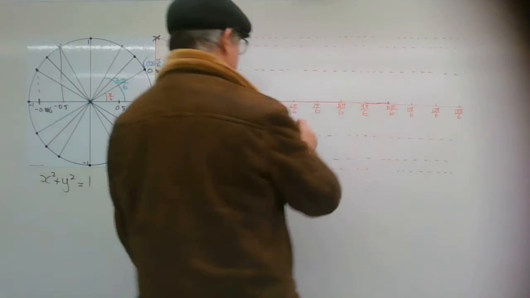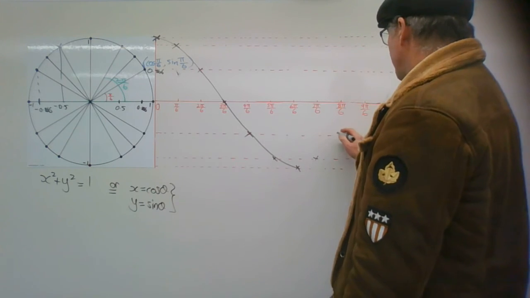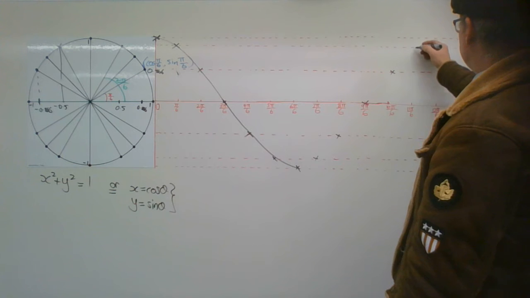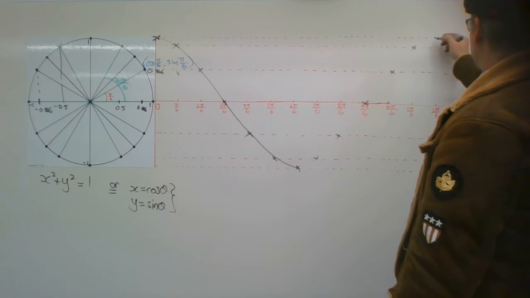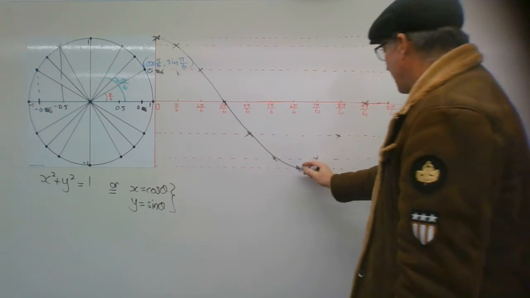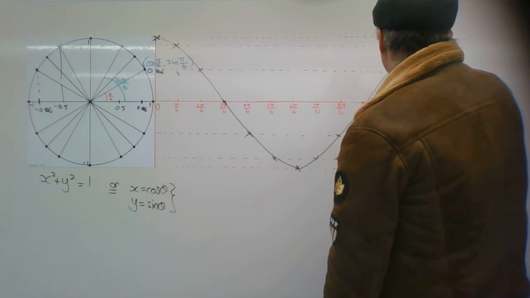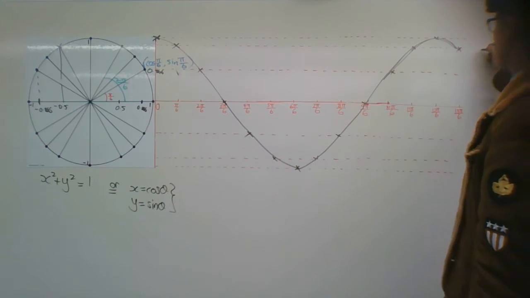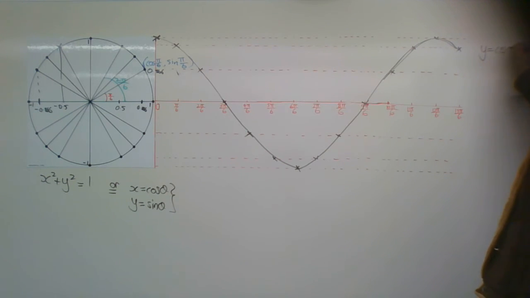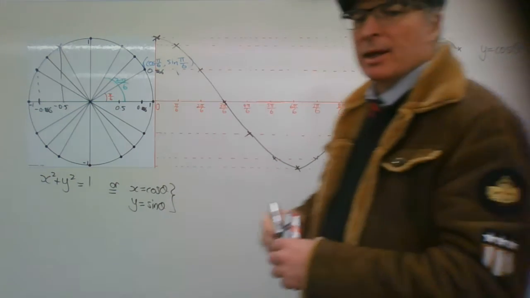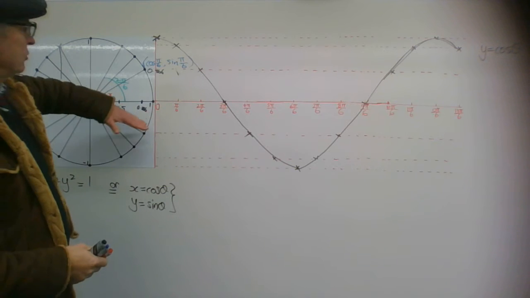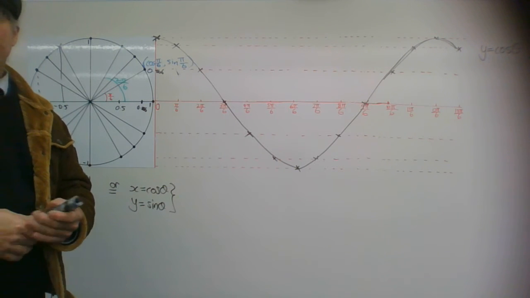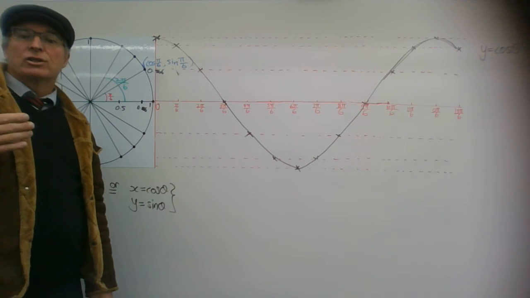As I keep rotating around, it'll keep moving through the same values, and it'll look like a wave, and that's the cosine function there. So I'm just going to write y equals cos theta, where theta is the amount of turning in the anti-clockwise direction.